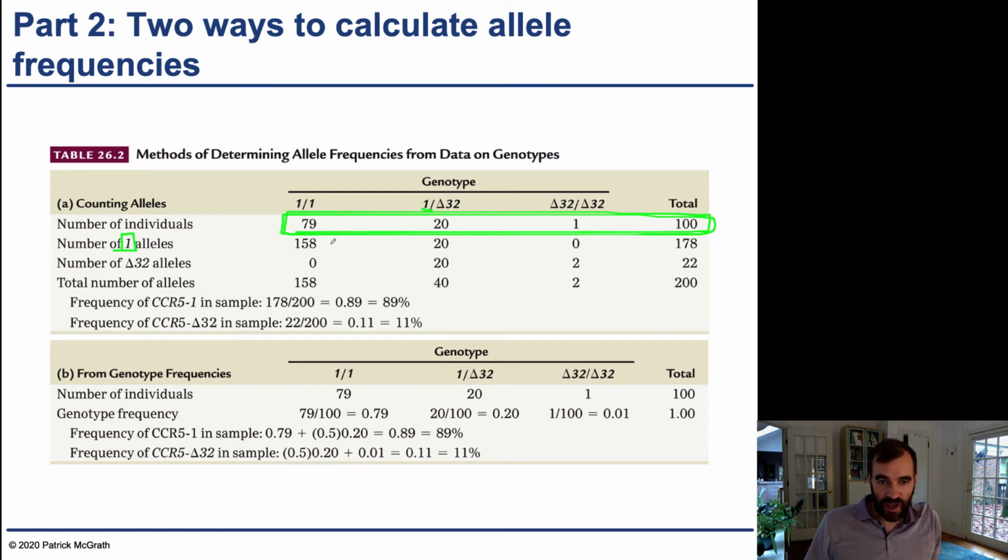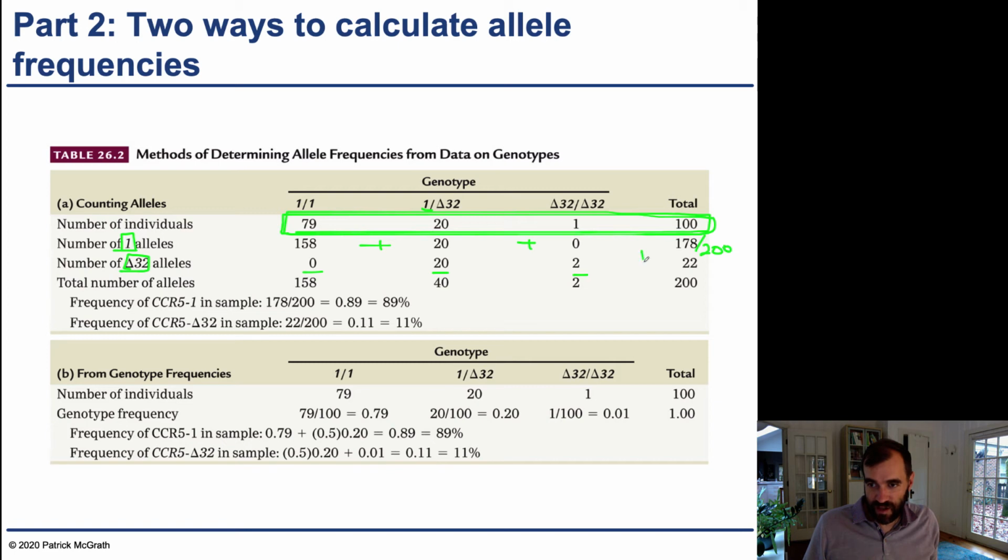And so you simply add up 158 plus 20 plus 0, and you get 178. And then you can do that same procedure for the delta 32. So there's 0 alleles from these, 20 alleles from these, and then 2 alleles from this single individual, and they add up to 22. So to calculate the allele frequency, you just take the 178 and you divide by 200.